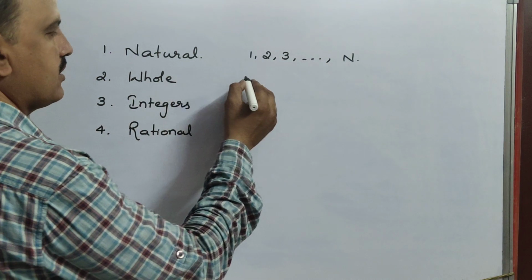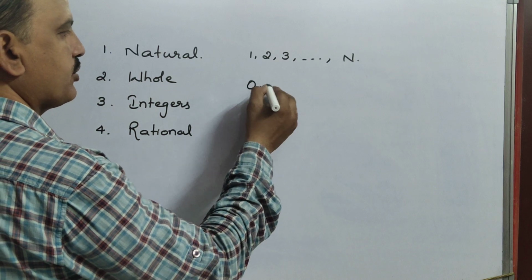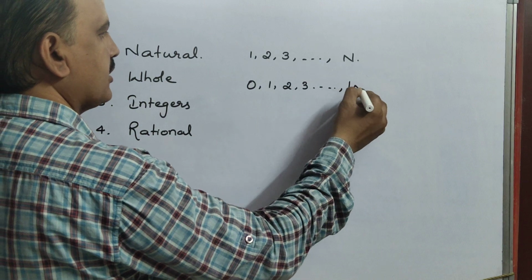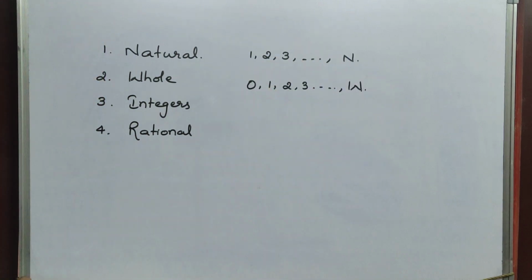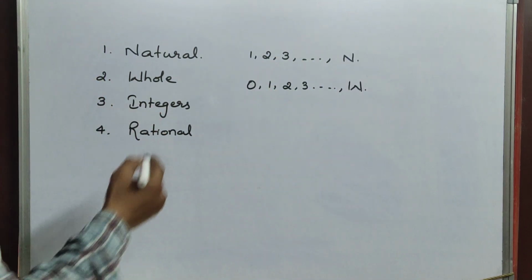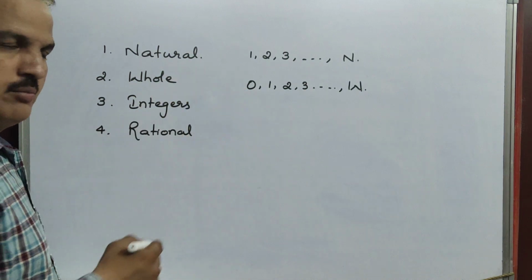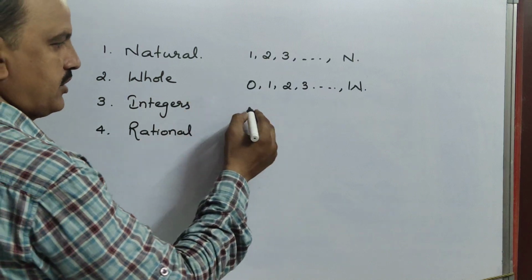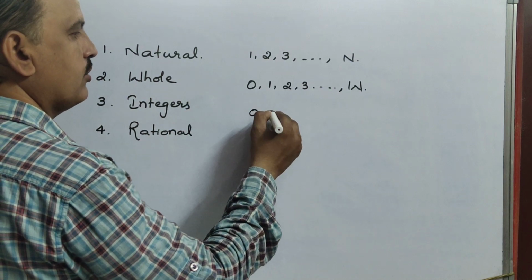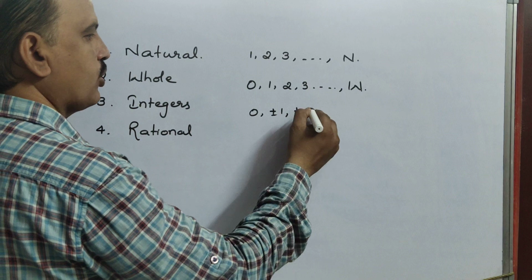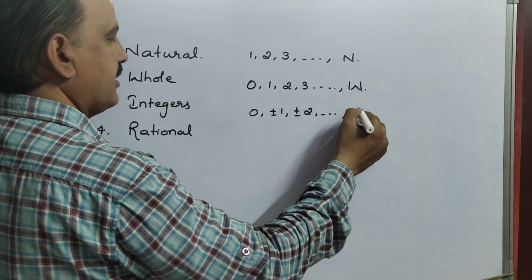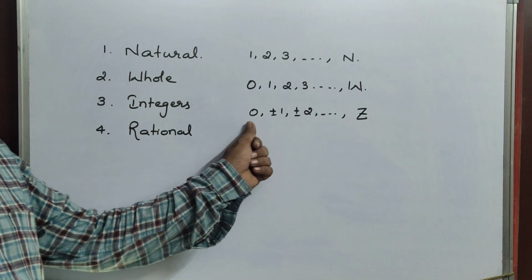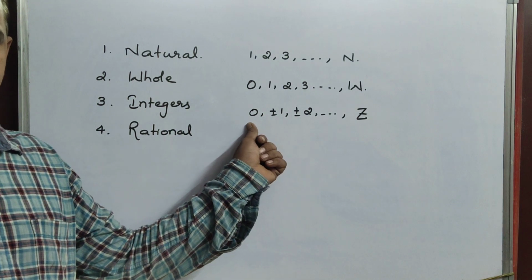Next, whole numbers, the numbers which begin from 0 to infinity, denoted with the capital letter W. Whereas integers means the combination of whole numbers and negative numbers, that means 0, plus or minus 1, plus or minus 2, and so on. It is indicated with the letter Z, and 0 is neither positive nor negative.